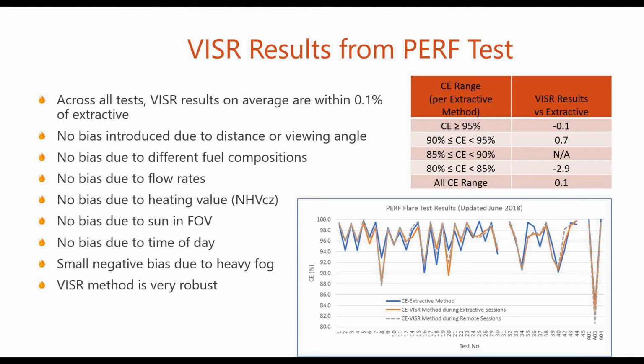So the perf test showed that the VISR method is not only very accurate, but also very robust. You can see the chart at the bottom is the extractive testing versus the VISR results across the entire perf test. So very, very accurate, very robust, very well suited for continuous monitoring.